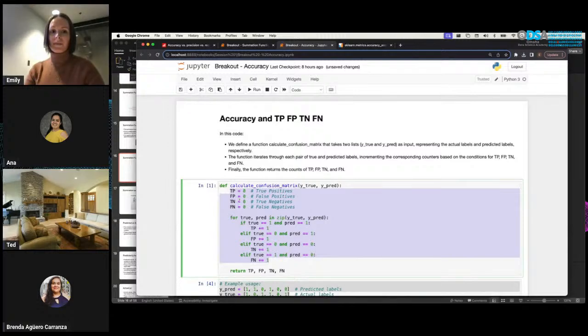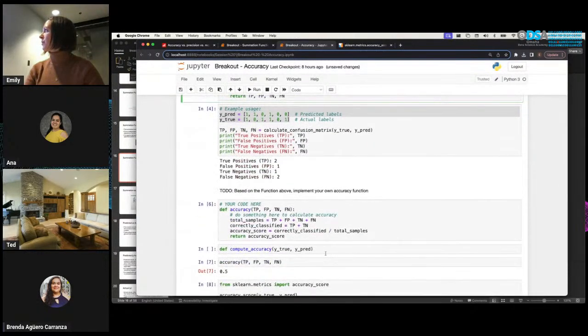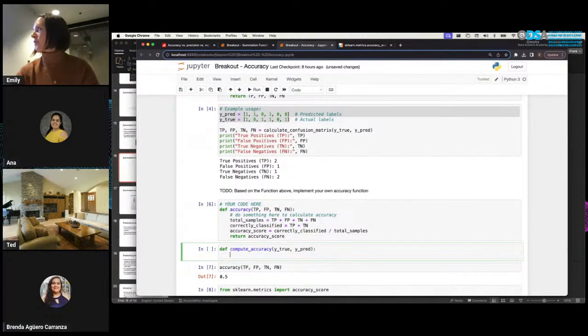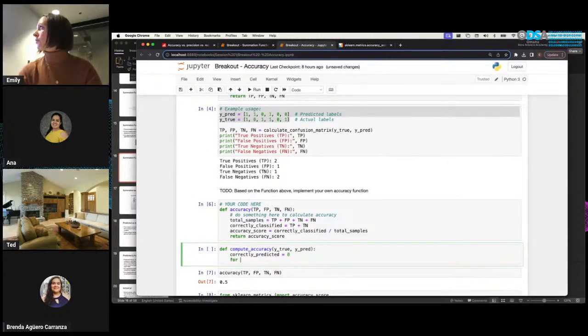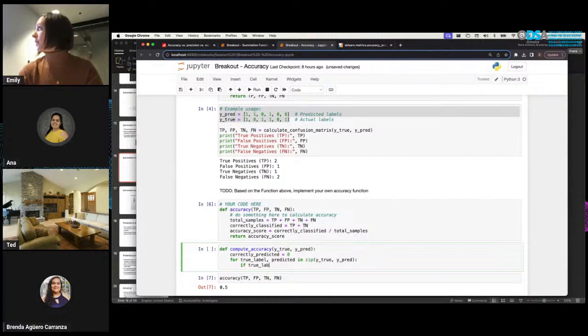Let me think. I mean, there's a couple of options. Just so everybody else can see, here's what this function is doing. It's saying correctly_predicted = 0, for true_label, predicted in zip(y_true, y_pred), if true_label equals predicted, then count it.